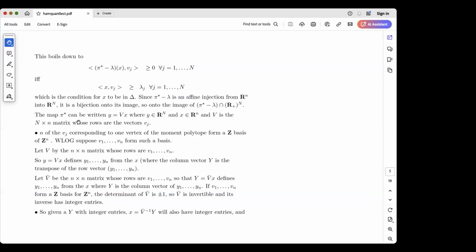So the map pi star can be written y equals Vx, where y is in R^N and x is in R^n. V is just the matrix from N to n, with N rows and n columns. So the rows are the vectors v_j.